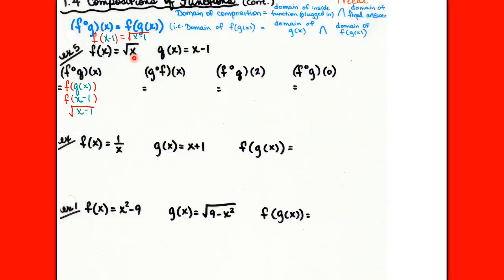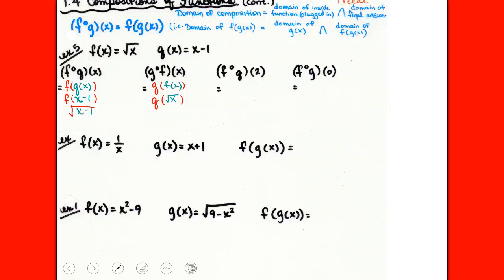They also could go in the opposite order. Instead of f of g of x, for the next one they say do g of f of x. So again, whichever notation you like better. If I have g of f of x, I'm going to start on the inside and say, okay, what's f of x? Well, it's the square root of x, so let's replace f of x with what it's equal to, square root of x. Now I have g of the square root of x.